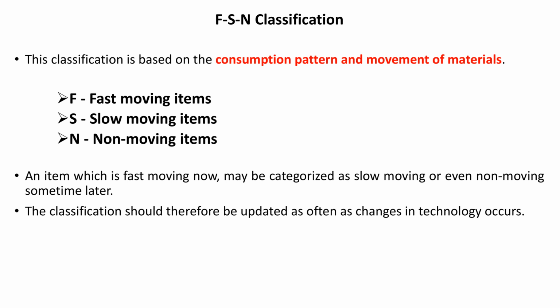A material item which is fast moving now may be categorized as slow moving or even non-moving sometime later. The classification should therefore be updated as often as changes in technology occur.